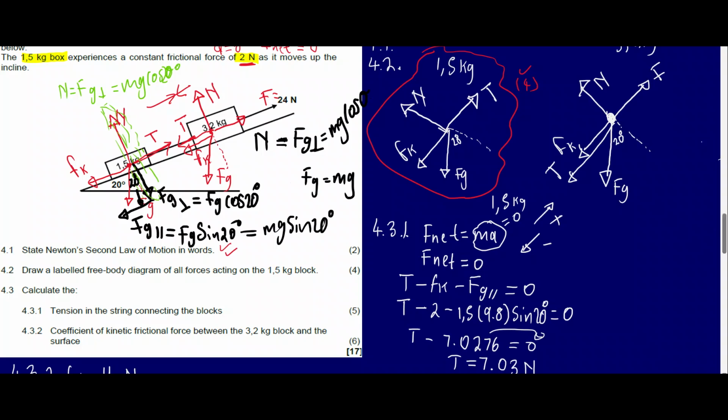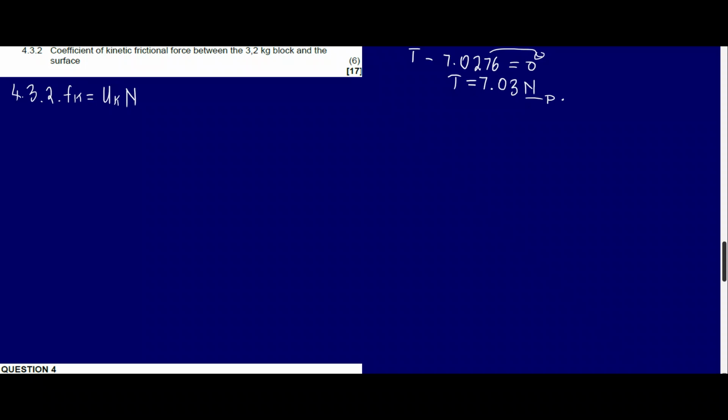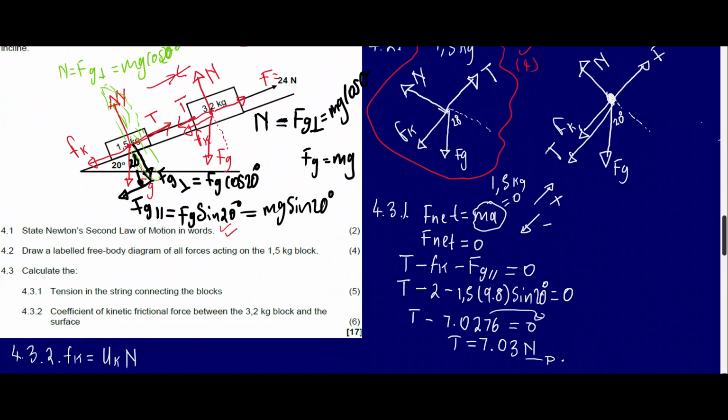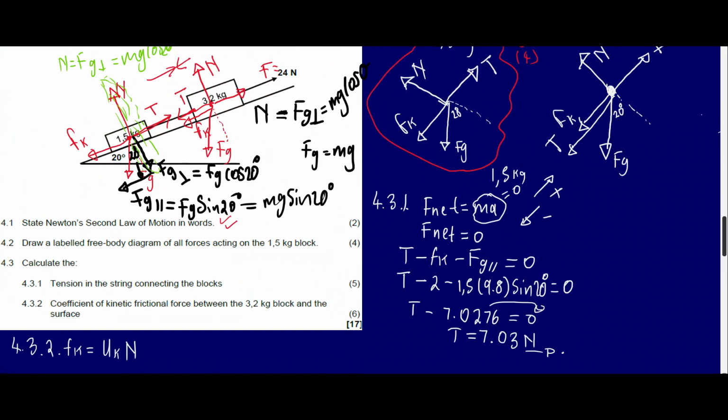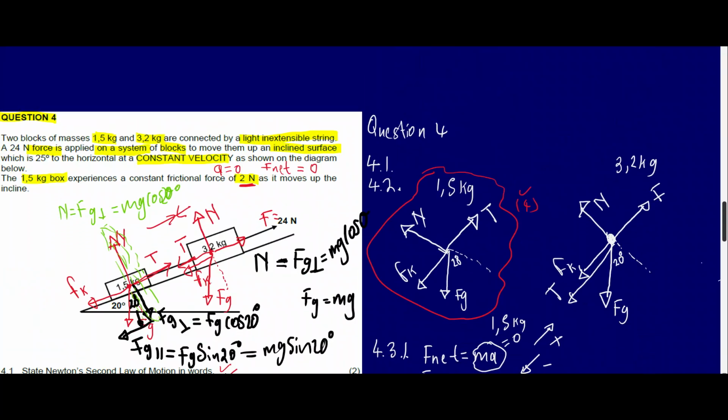But okay, that's fine. We just realized that in our question here, we do not have the frictional force of the 3.2 block, even though the question wants us to calculate the mu k, right?